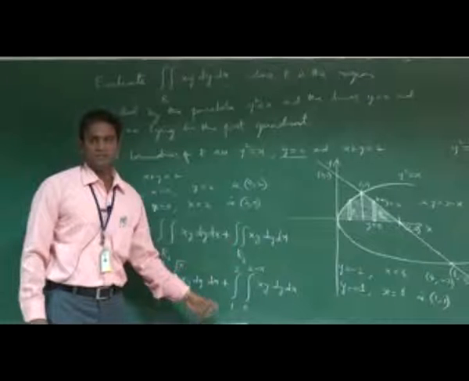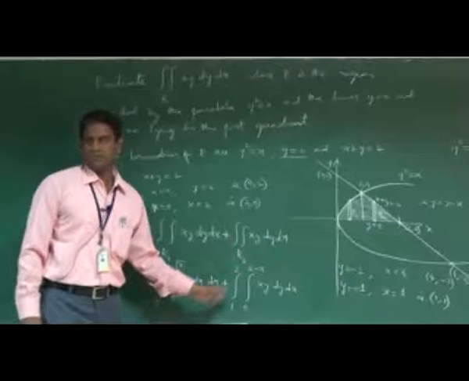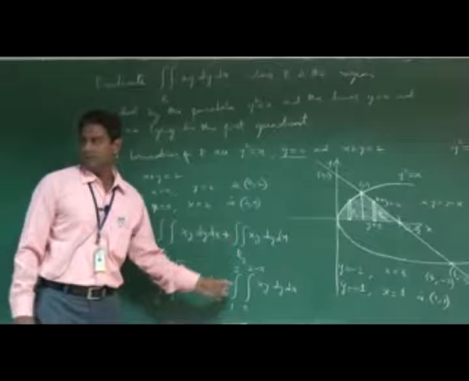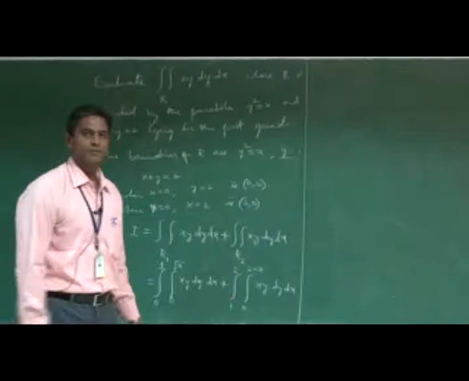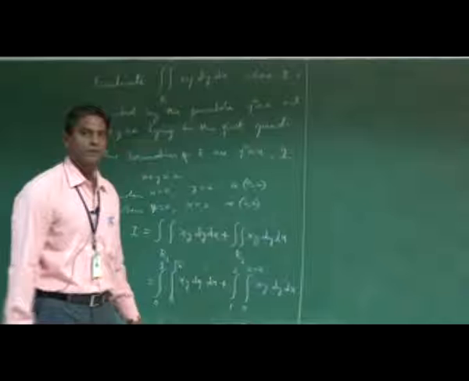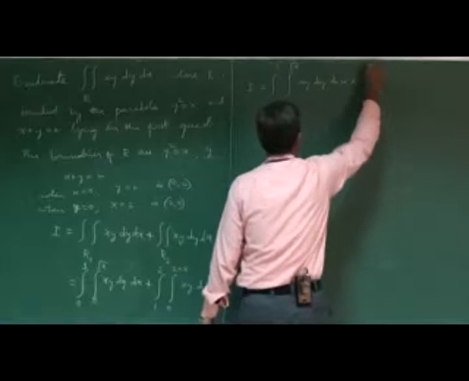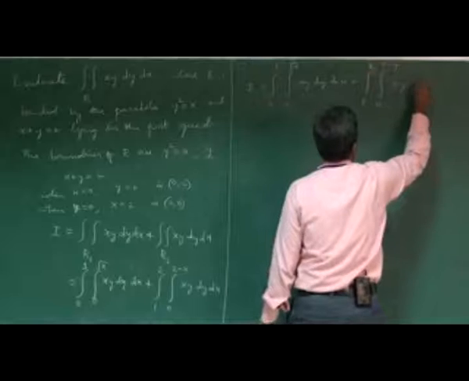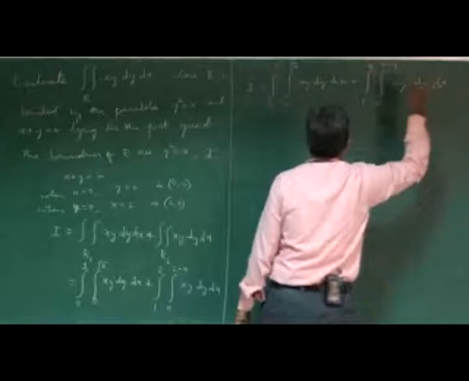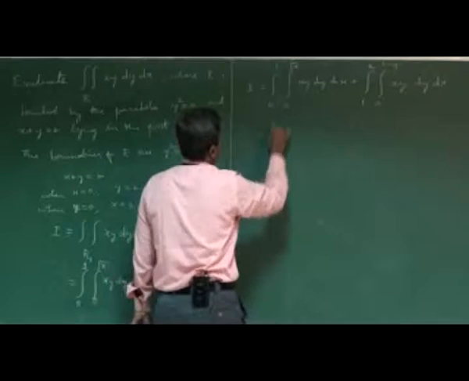Now I equals the integral from 0 to 1 and the integral from 0 to root x of xy dy dx, plus the integral from 1 to 2 and the integral from 0 to 2 minus x of xy dy dx, which is equal to the integral from 0 to 1.